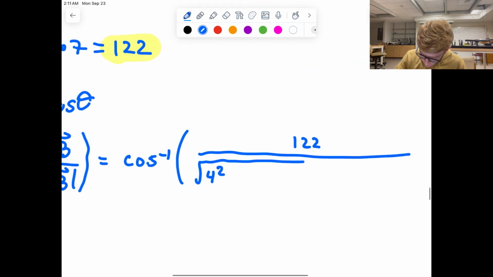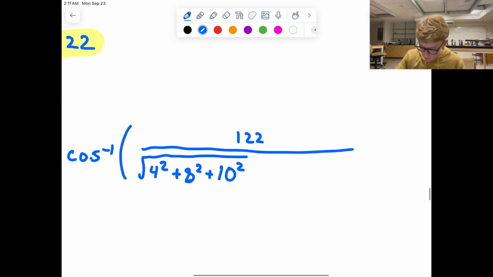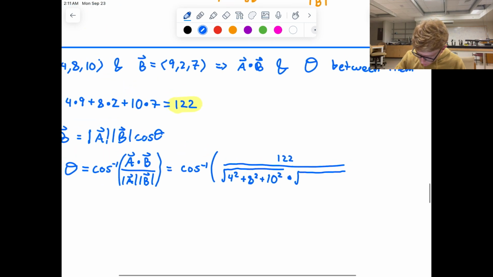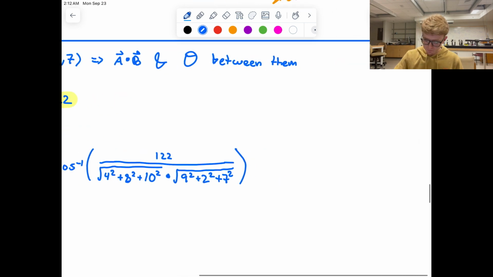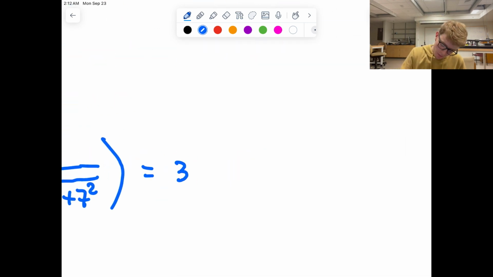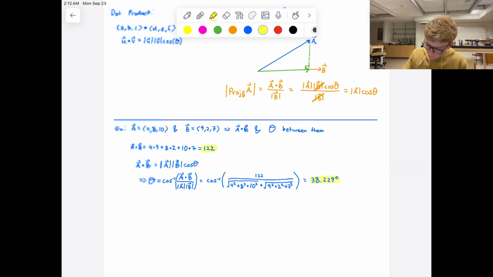So 4 squared plus 8 squared plus 10 squared, times, same deal, for the second component, 9 squared plus 2 squared plus 7 squared. And if you plug that into a calculator, you'll see that this is about 38.229 degrees. Okay, so that's theta.